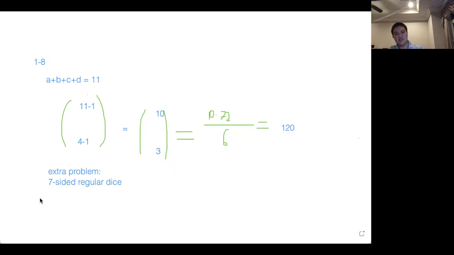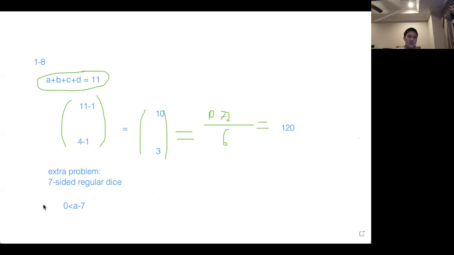At first glance, it's the same, except you need to exclude cases where stars and bars counts numbers that are bigger than 7. How we take care of this: let's say one of these numbers, take a, is bigger than 7. Then we know a minus 7 is greater than 0, and we don't know much else about it.